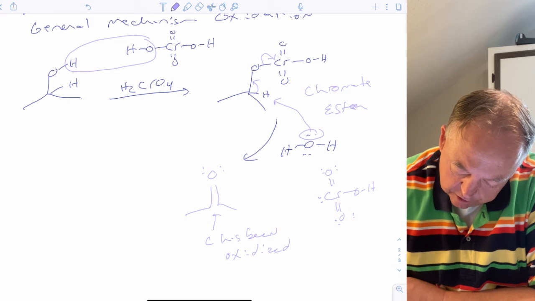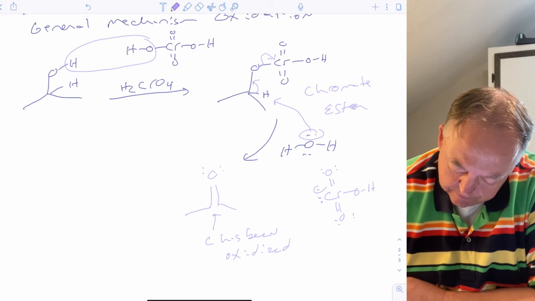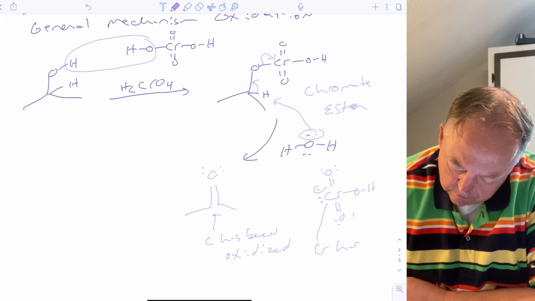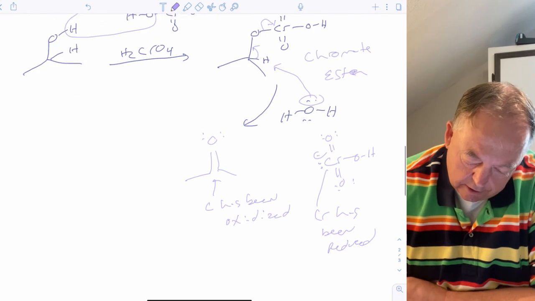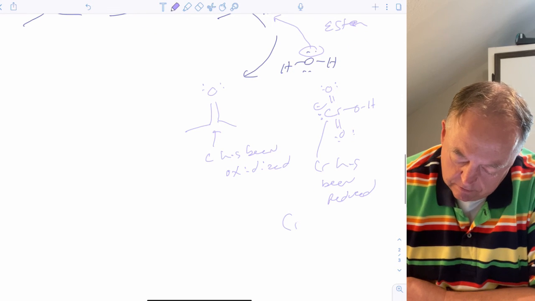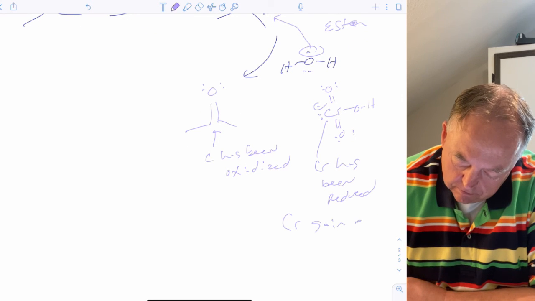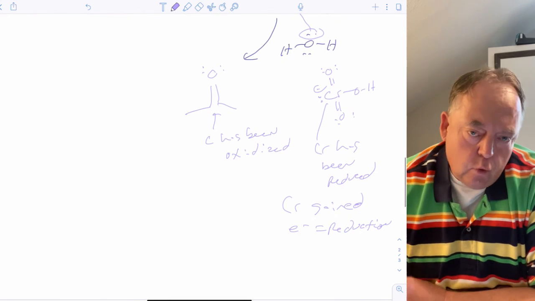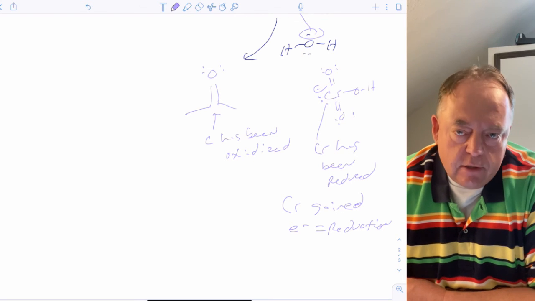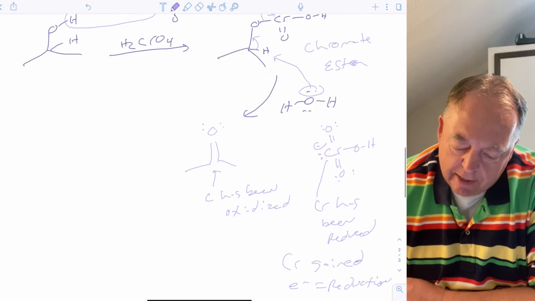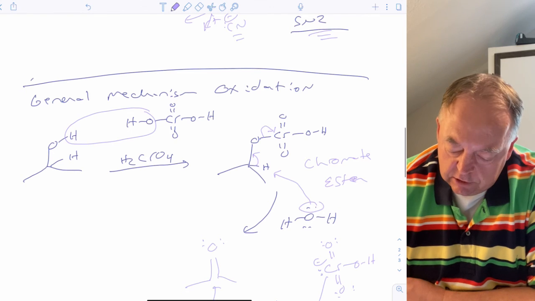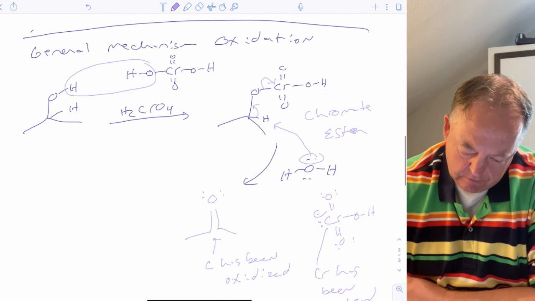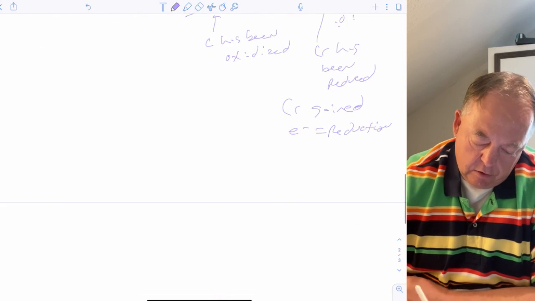Well, what's been reduced is chromium. Right, so chromium gained electrons, and gaining electrons is reduction, right? So that's the general mechanism of how these oxidation reactions of alcohols work. Okay, and that's all.